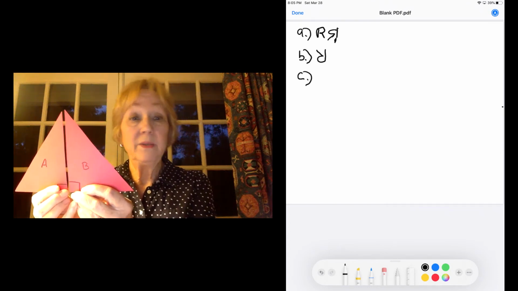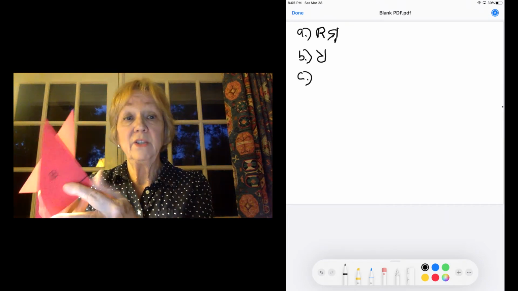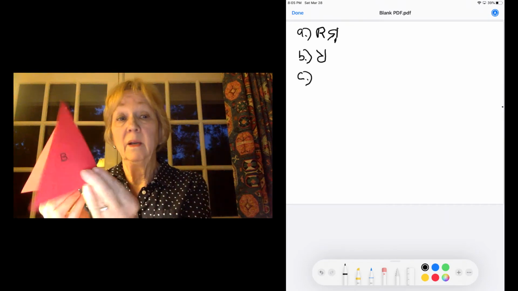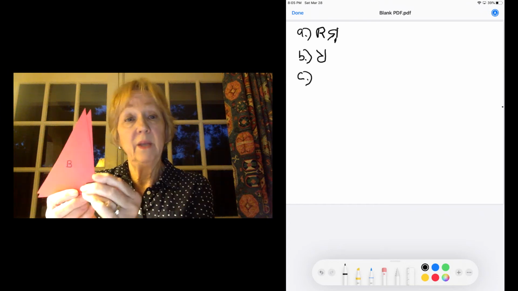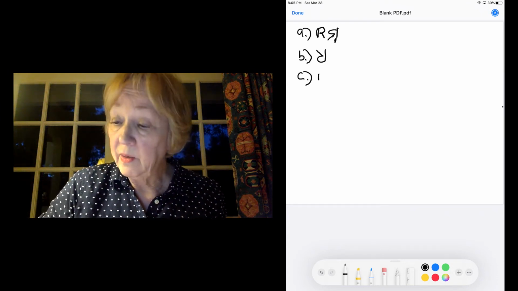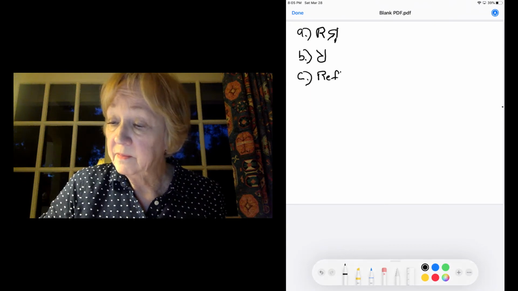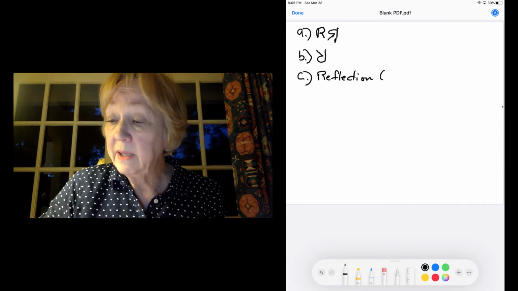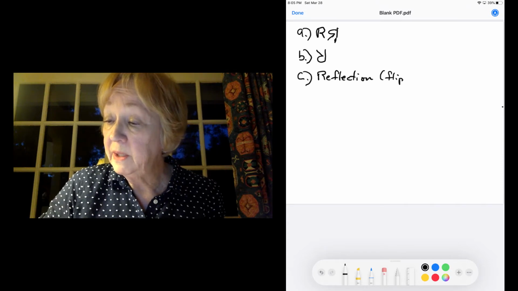So the main thing we could do at this point is reflection, or flipping one over on top of the other. So that would be C, would be reflection. And I would like to remind you that that means just flipping it. Flip.